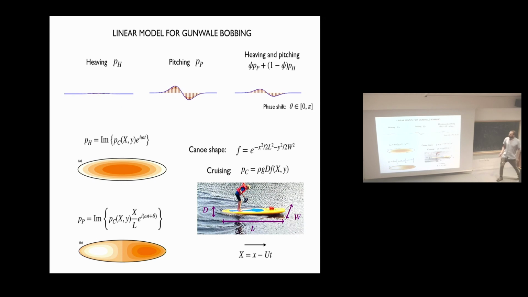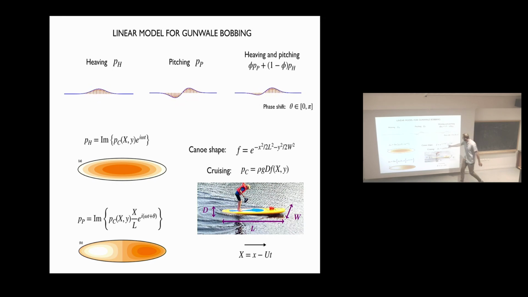Okay, so mathematically, what do they look like? Heaving is just a function times e to the i omega t, take the imaginary part. What is that function? We can think of that function as being a translating Gaussian. If I have a Gaussian pressure disturbance, I'm imagining that that's somewhat representative of a boat in the water, which has some length scale and some width scale.